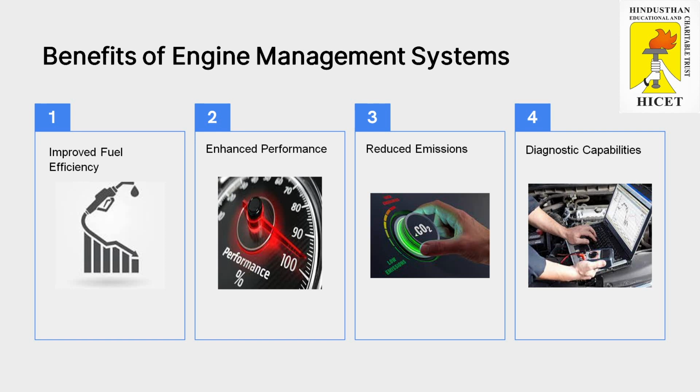BS6 is a stringent norm for emissions. Through the engine management system, it is possible to reduce exhaust gas emissions. And there is diagnostic capability: through an OBD tool we can diagnose the component error codes, failed parts, non-working components, and the health status of a particular component. That eliminates a lot of time.